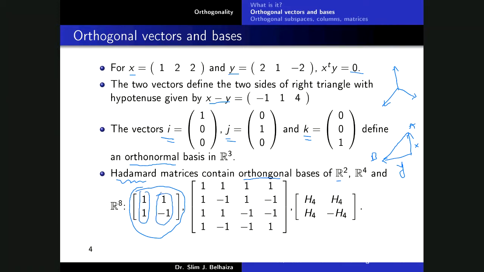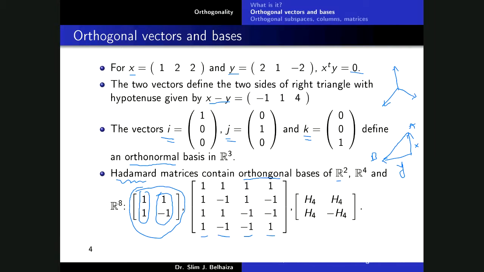So these constitute the columns of the first Hadamard matrix H2. They do form an orthogonal basis in R2. Now in R4, you see the four columns here are different, and if you take the product of each pair, it would give you also a 0.